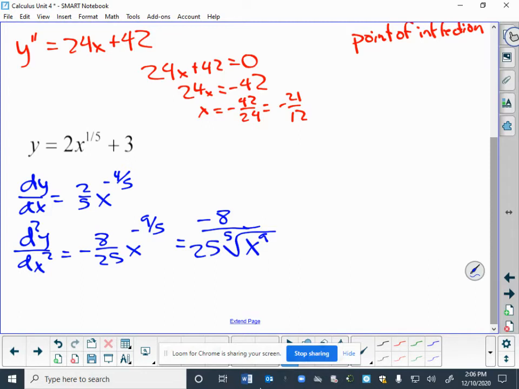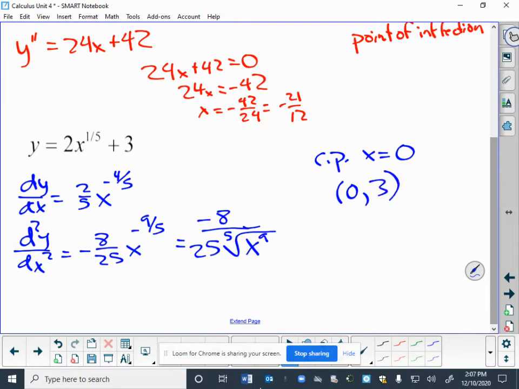So clearly 0 is a problem here. There's nothing that's going to make this equal to 0. So my critical point is happening at x equals 0. The original function, the 0 works just fine. So the point (0, 3) is on the original function.